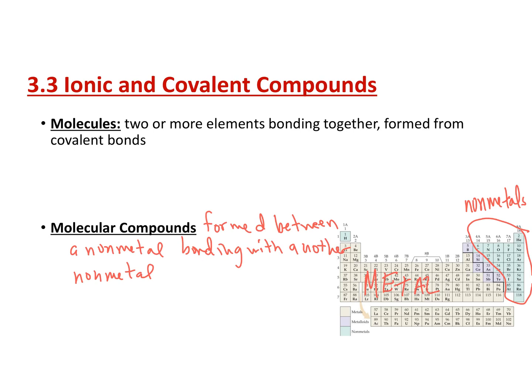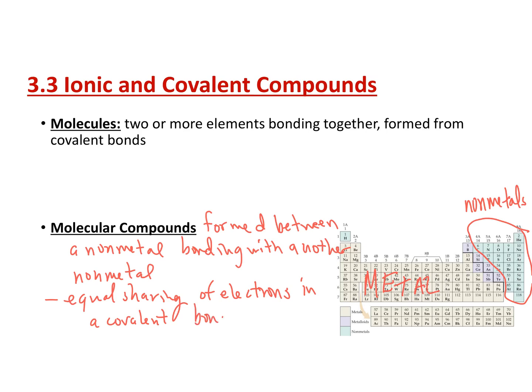I need something in the upper right-hand corner of the periodic table bonding with something that's also in the upper right-hand corner of the periodic table. Because with molecular compounds, we get an equal sharing of electrons in a covalent bond.